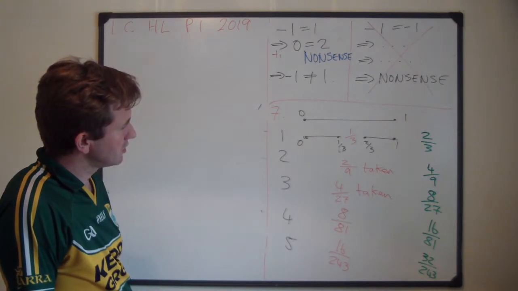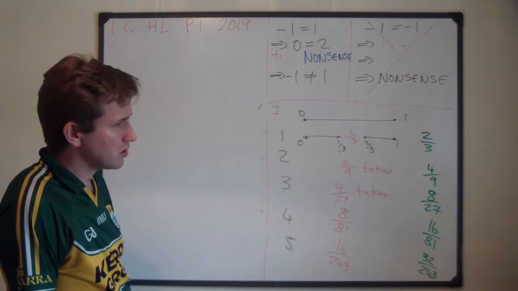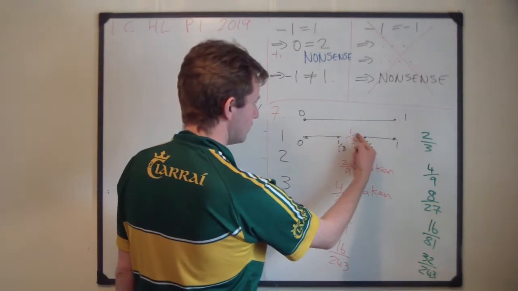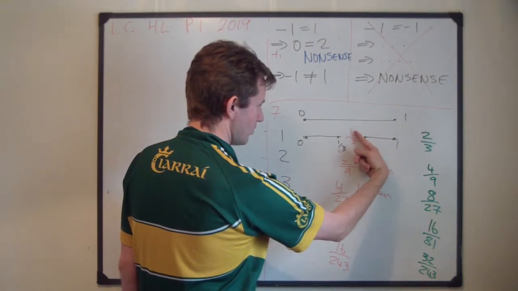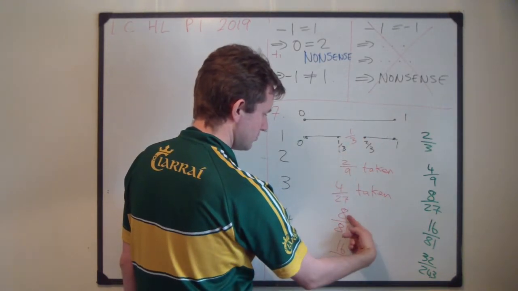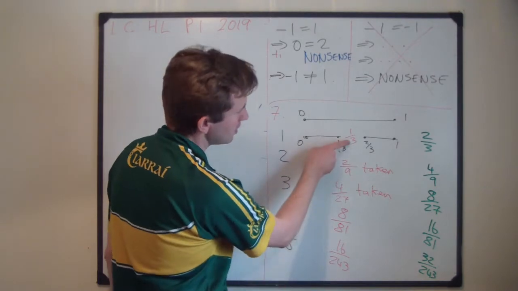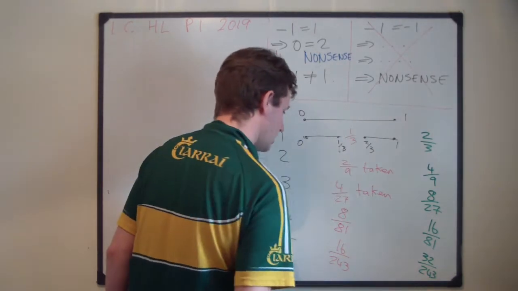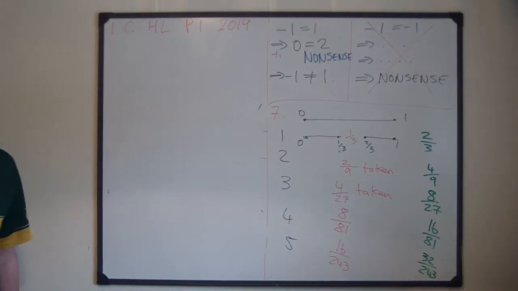So I think you need to spot a pattern here. So here you got 1. If you look at what's happening to the top, 1 by 2 by 2 by 2 by 2, and then the bottom 3 by 3 by 3 by 3 by 3. So each time the amount taken away is being multiplied by 1/3.